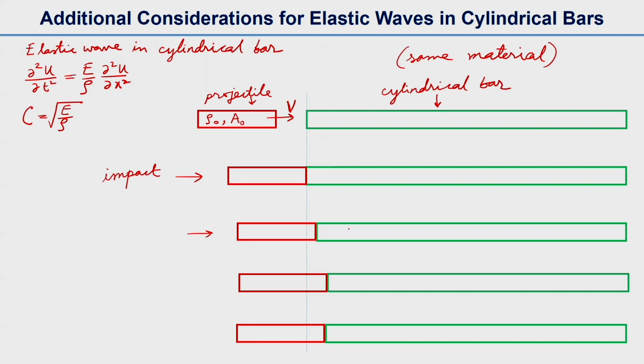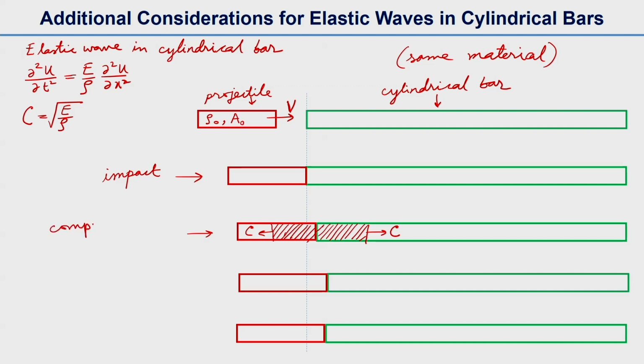The compressive stress will go forward in this direction, with velocity c. Similarly there will be a compressive wave in the striking bar as well. Because the materials are the same, with the same velocity there will be a wave in the other direction.